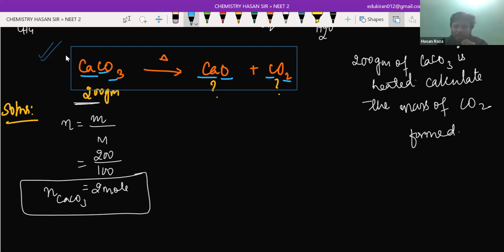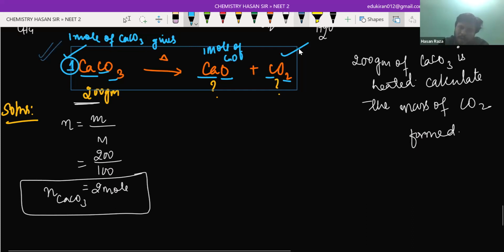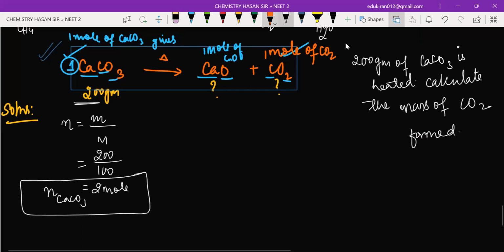How many moles react or heated to give how many moles of CO2 in accordance with the balanced equation? So you can see 1 mole of CaCO3, how you are going to read it: 1 mole of CaCO3 gives 1 mole of CaO and 1 mole of CO2. Yes or no? Yes, sir. According to the balanced chemical equation.